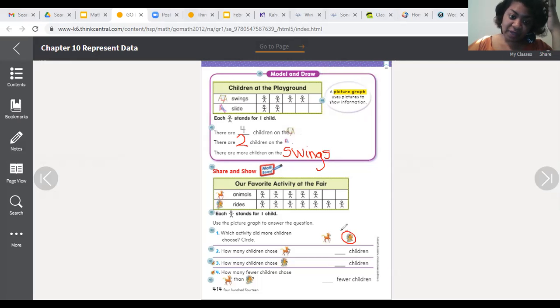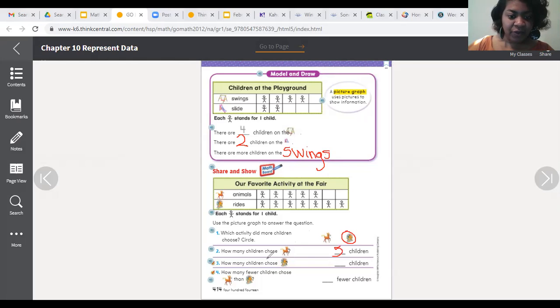Now, number 2, how many children chose animals? So let's look at our picture where the horse is, that represents the animals, and let's count. 1, 2, 3, 4, 5. So there were 5 children that chose animals.